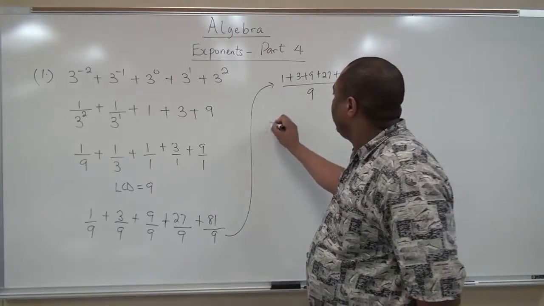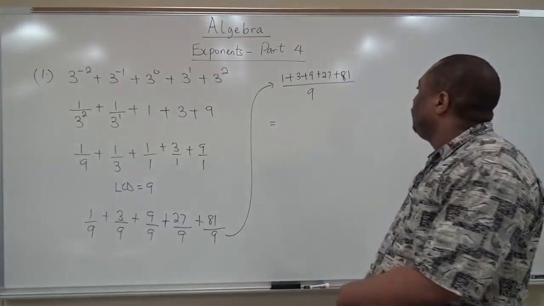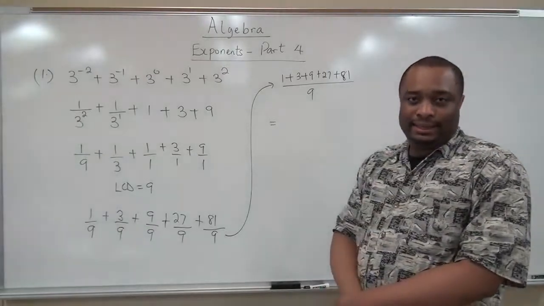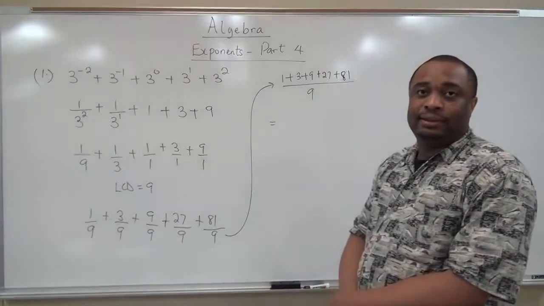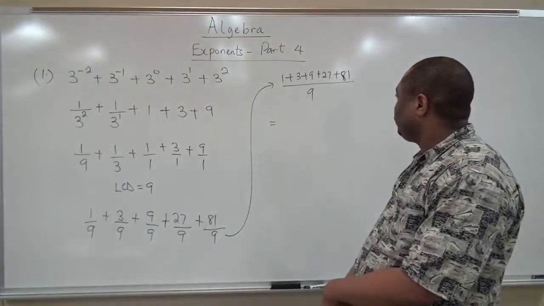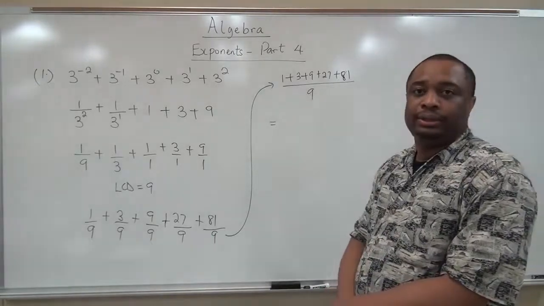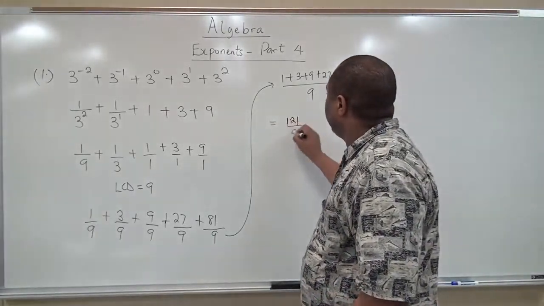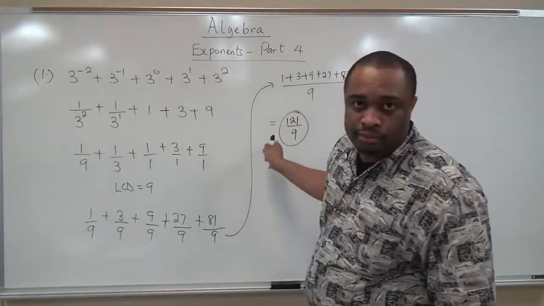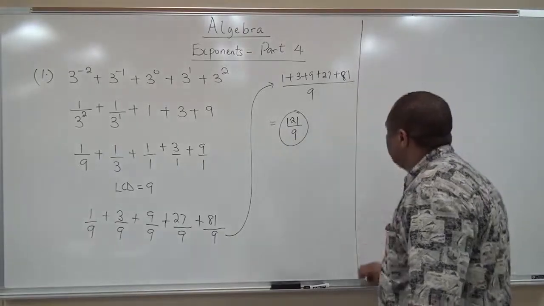And our final answer becomes: 1 plus 3 is 4. 4 plus 9 is 13. 13 plus 27 is 40. And 40 plus 81 is 121. 121 over 9. And this becomes your answer.